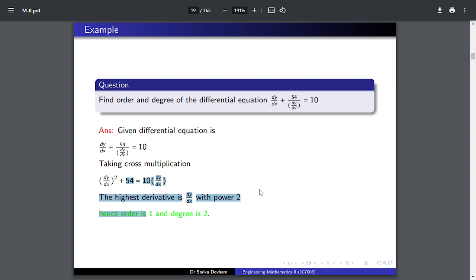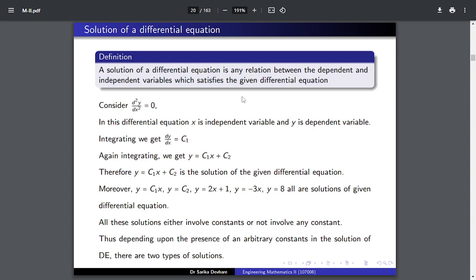Okay, so next is what is the solution of a differential equation. How can we find the solution of a differential equation? Basically we'll see the definition of the solution of a differential equation.